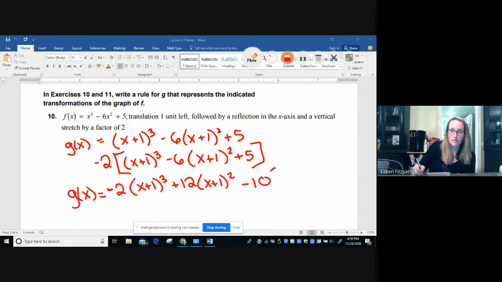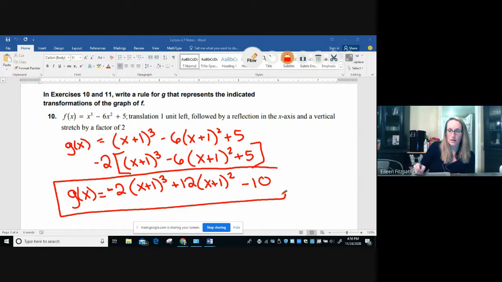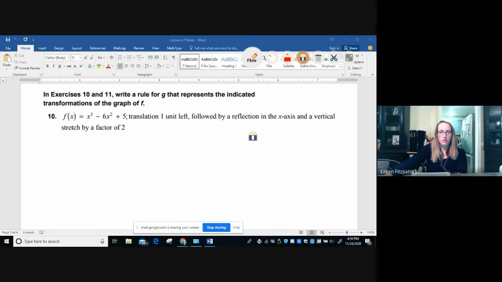So if you left it in that form, I would take it like that. Or a more simplified answer, distributing the -2 in would look like that. I'm not going to make you multiply out the x plus 1 cubed and the x plus 1 squared, simplify it. Although we could, we're not going to. We'll just leave it like that. Okay. And the last one.